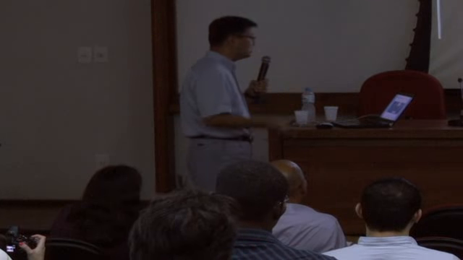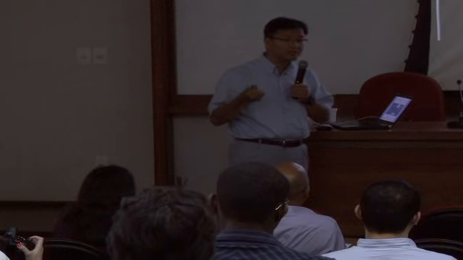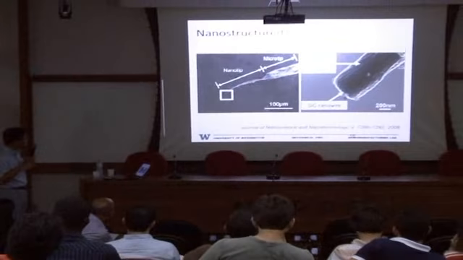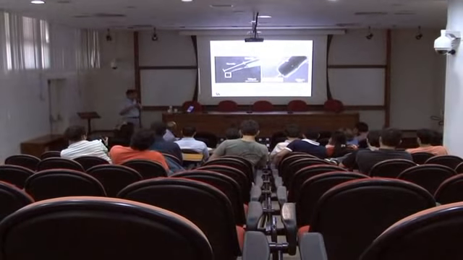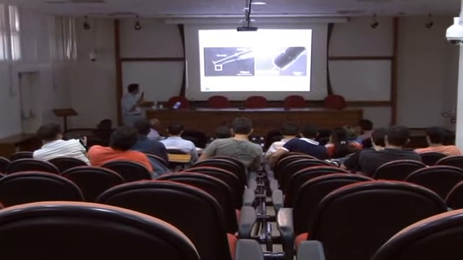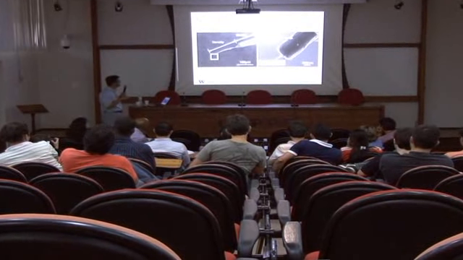So we learned what kind of particles, in terms of diameters, will be attracted to the tip surface. And then we fabricated nanotips. It looks like that. So it looks not so clean, but it works really well. Okay? So we have small tips, and at the tip end we have a silicon carbide nanowire.